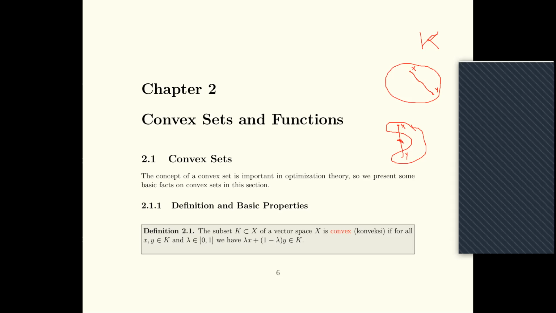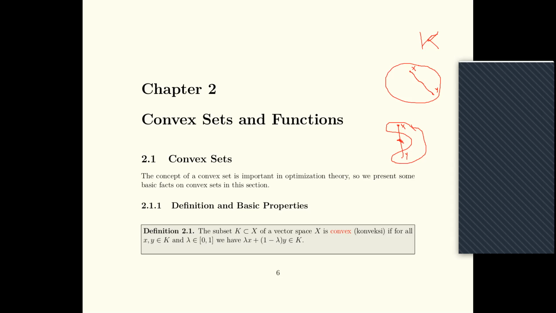And I'll show you shortly why convexity is such an important notion. So this generalizes to any vector space. If we have two vectors that have real coefficients, X and Y, in a vector space that has real numbers as coefficients, or it's easiest to think of this maybe as R^n or even R^2, then you take X and Y and any number lambda between 0 and 1, and you multiply X with that lambda, and then multiply Y with 1 minus lambda.